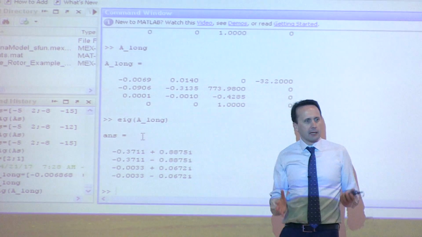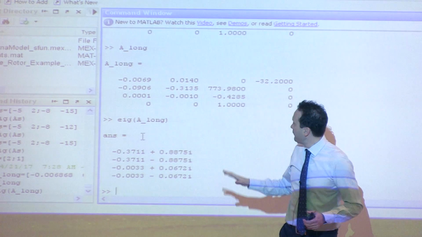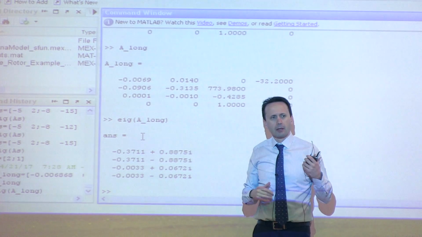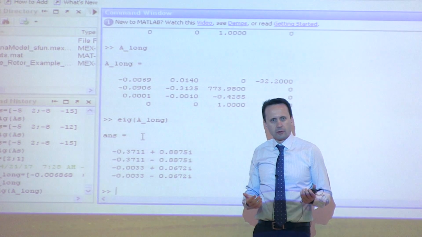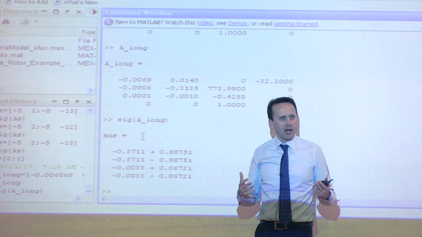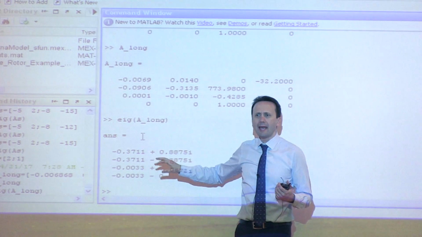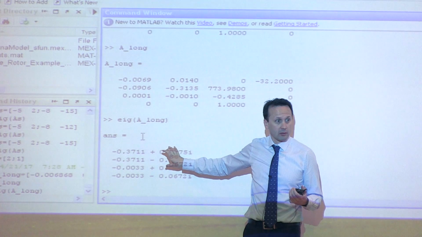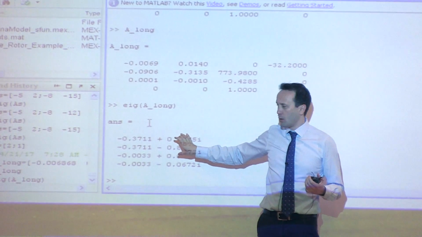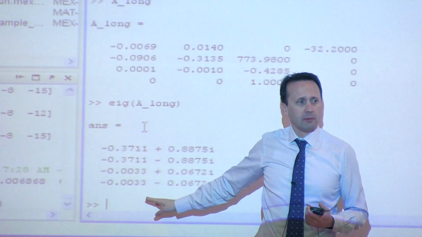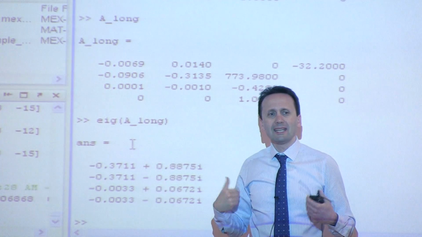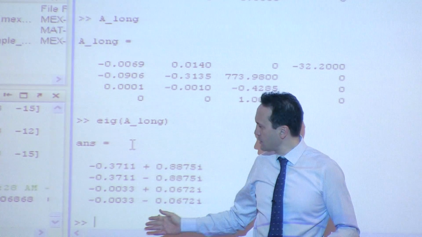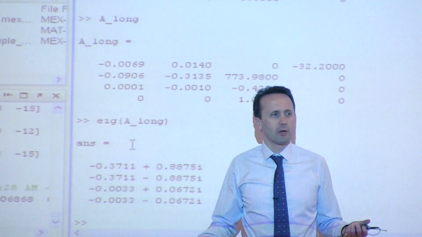So if you would do an analysis for a fixed-wing airplane and find the A-long matrix, going through the trouble of finding all these aerodynamic derivatives, you would, most of the time, end up with a picture like this, where you have 2 complex conjugates. One of them is much faster than the other one, and this would be the behavior in the longitudinal dynamics for a fixed-wing airplane. This is very typical for fixed-wing airplanes. That's what I'm trying to say.